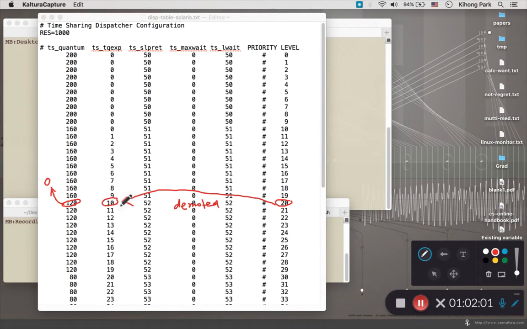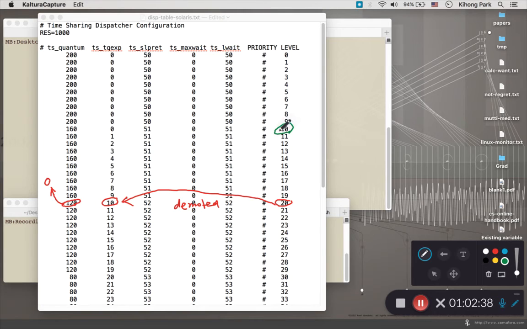Demoted. So next time that this guy runs at priority 10, where are we? We are right here. That's our new priority. So this is this guy. So if it runs next, it runs with priority 10. So because its new priority is 10, when it has to compete with all the other ready guys for the CPU's attention, it is in a less advantageous state than before, because before it competed with 20 as its priority, but its new priority is 10. So therefore, it is less likely to get picked to run on the CPU.